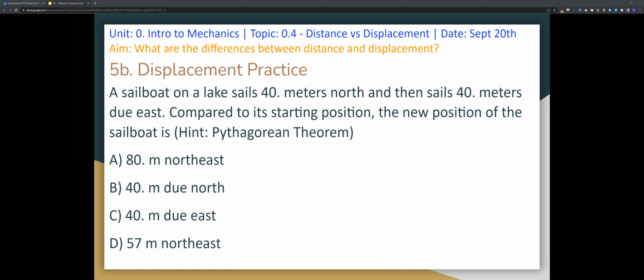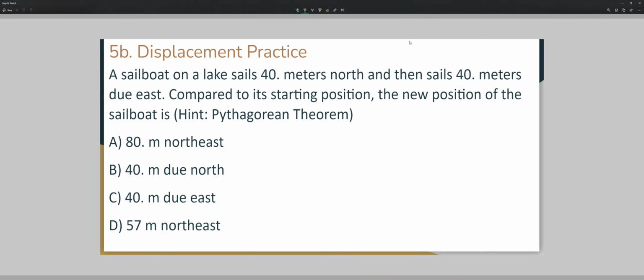Here, a sailboat on a lake sails 40 meters north, then sails 40 meters due east. Compared to its original starting position, the new position of the sailboat is what?